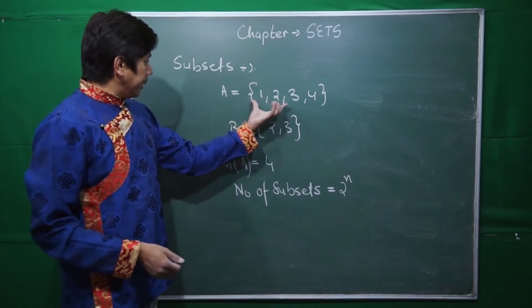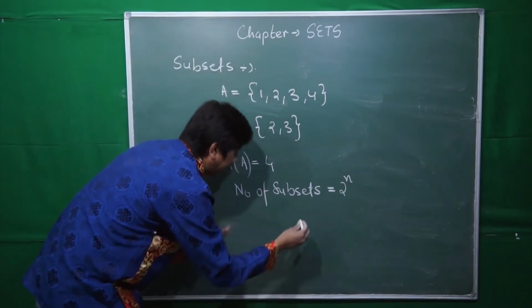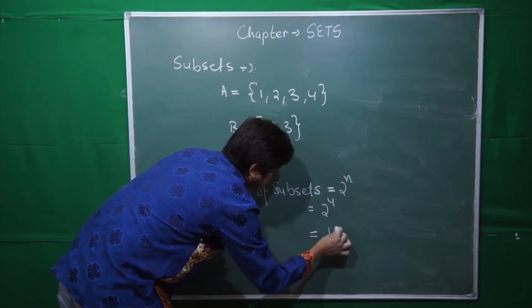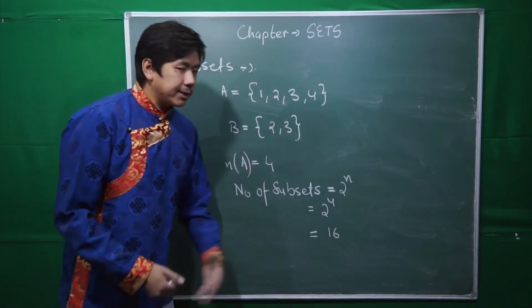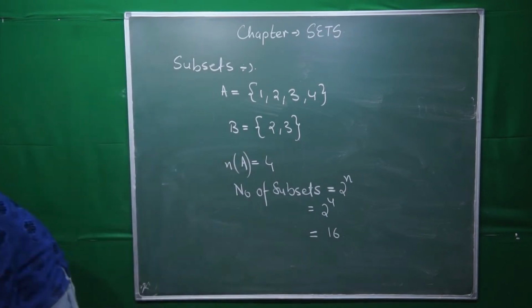So, for example, in this case, the number of subsets that A will have would be 2 raised to the power 4, which is 16. So, this set A can have 16 subsets. Okay. Now, the question is how?